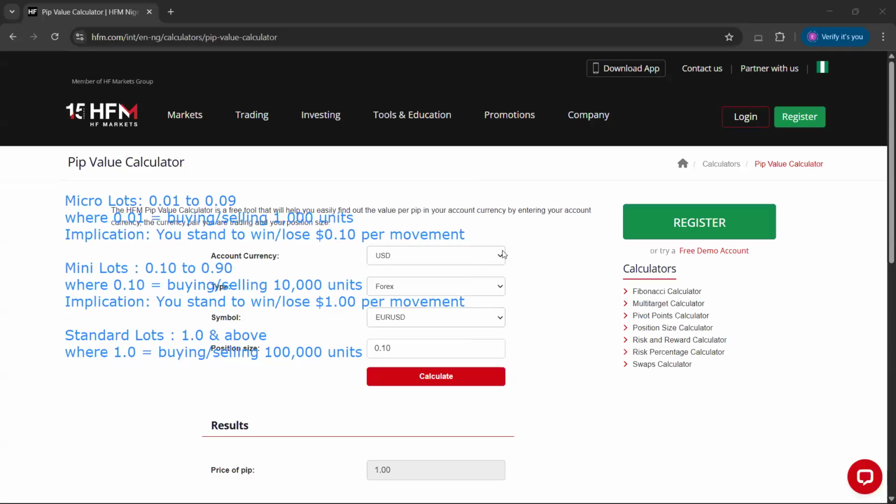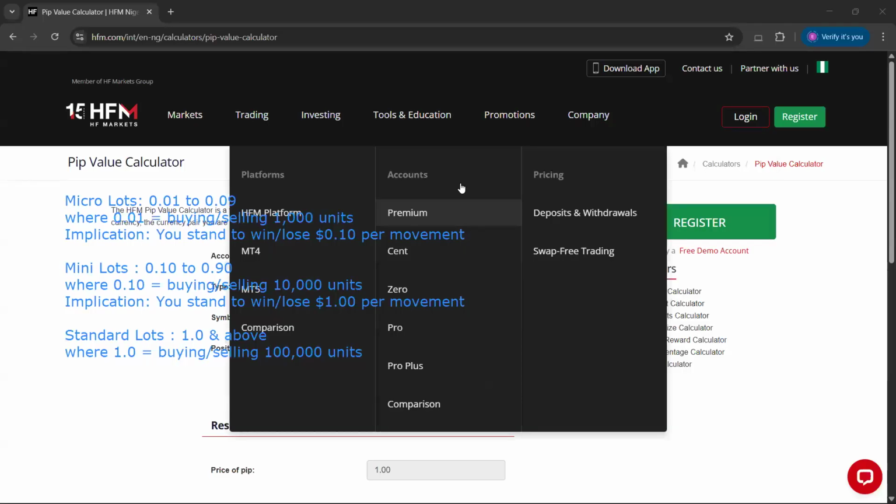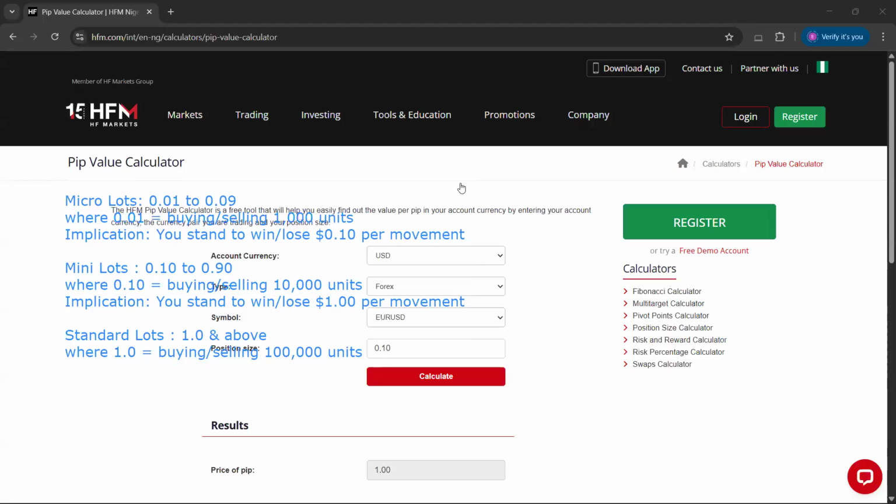Apologies for that. So now we understand that the micro lot offers about 10 cents per movement. The mini lot offers about $1 per movement on 0.10.